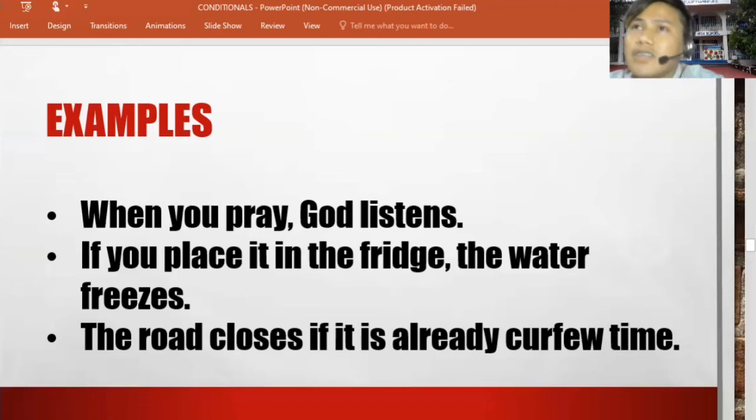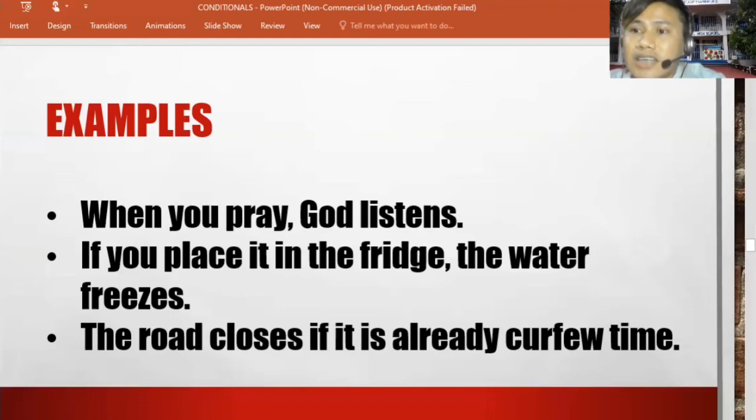Let's say, for example, water. If we put water in the fridge, definitely what will happen to it? The water will definitely be frozen. So once we put it in the fridge, the result is that the water freezes.